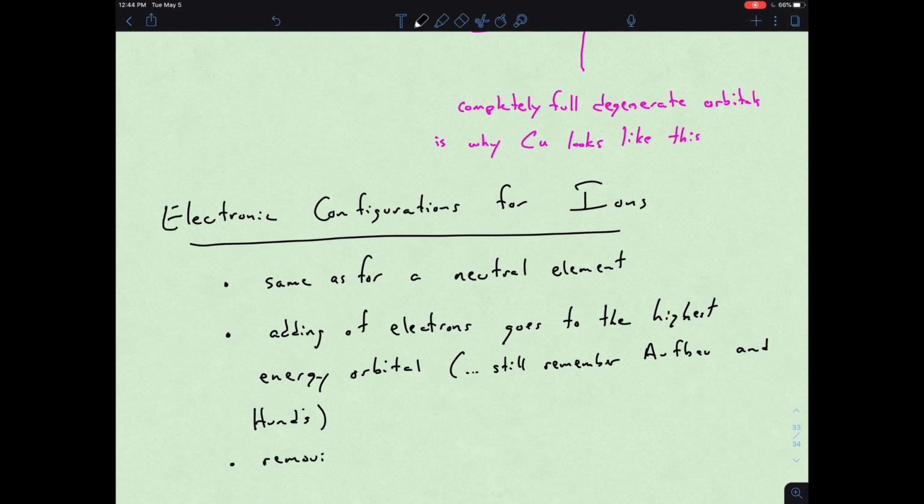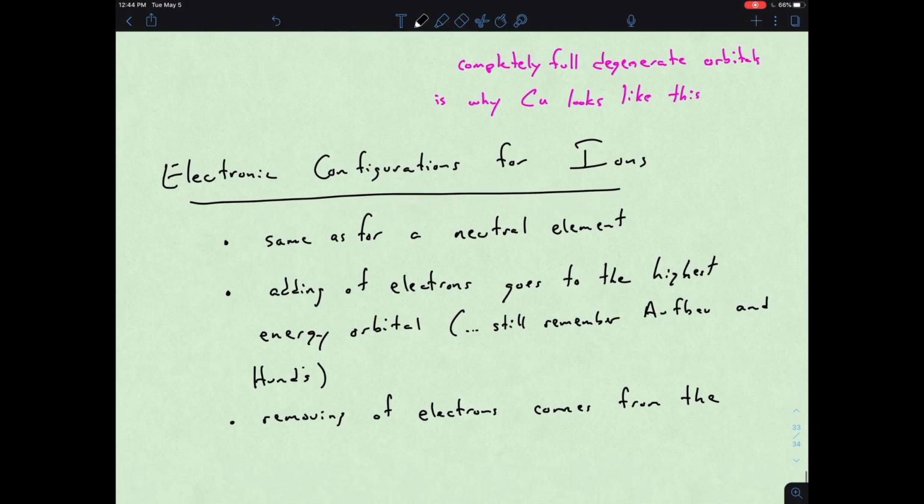Removing of electrons comes from the highest energy orbital as well.